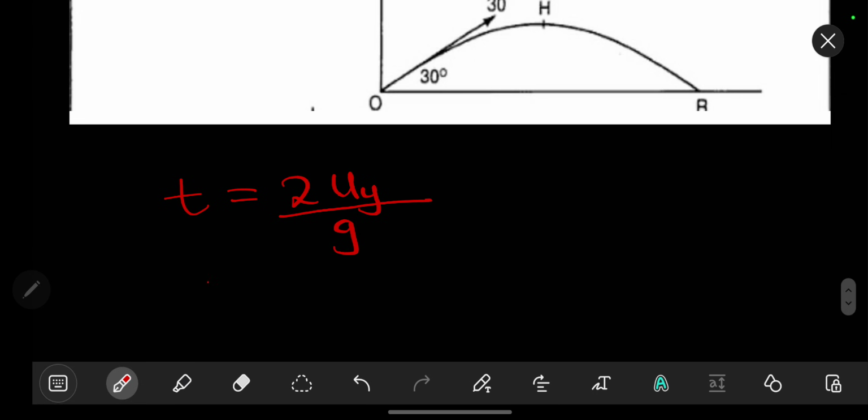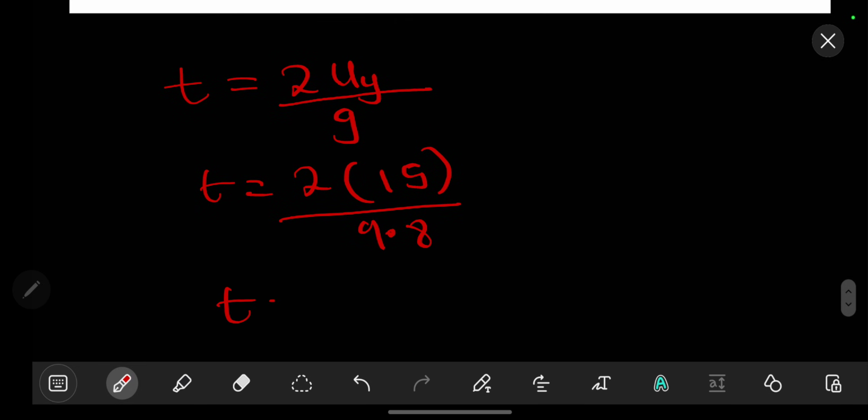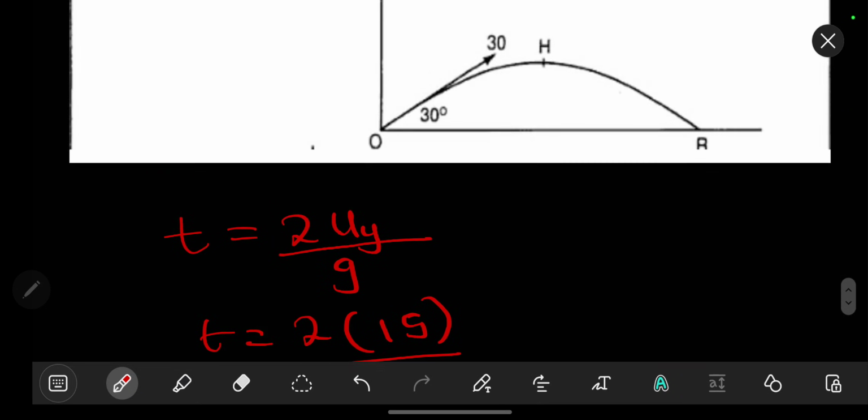So t should be equal to 2 times uy, which we found to be 15 over 9.8. So t should be equal to 30 over 9.8. This will give you a value of 3.061 seconds, which gives you the same answer.